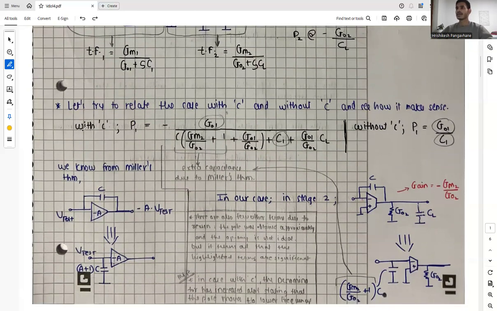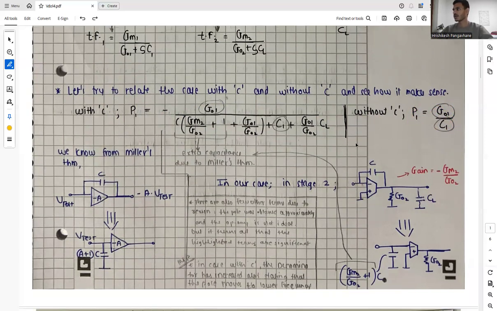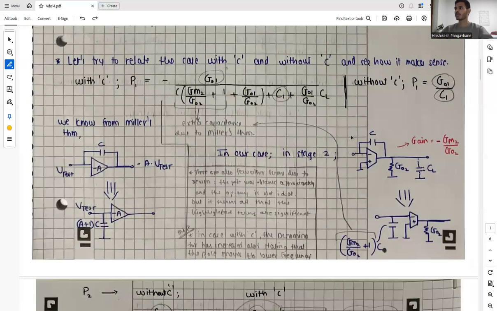And let's see, when we have a capacitor C between two nodes of two stages, our pole 1 lies at this frequency, and without C, we say that our pole lies over here. And this is with a minus sign as it is a left half plane pole.